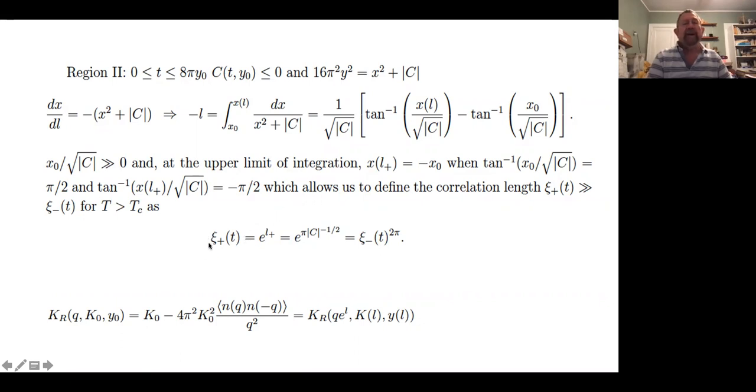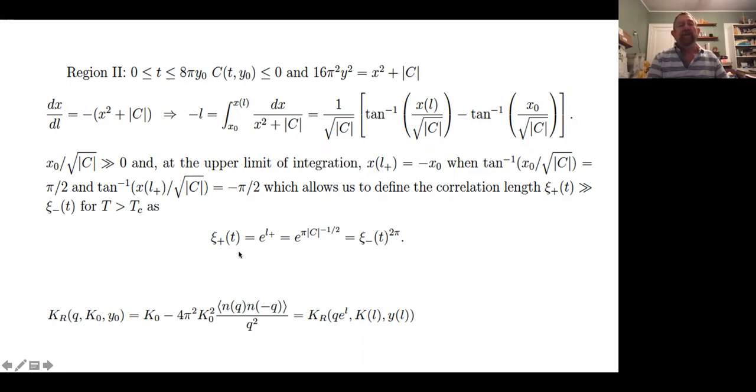this allows us to define a correlation length, a length scale above TC, which I call psi plus, which is equal to e to the L plus, which is e to the, because we defined L plus to be 1 over root mod C times minus pi over 2 minus pi over 2.